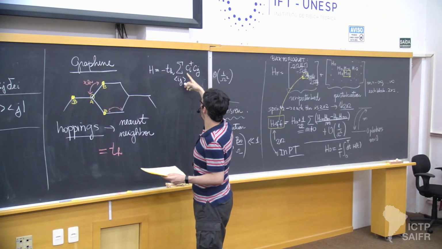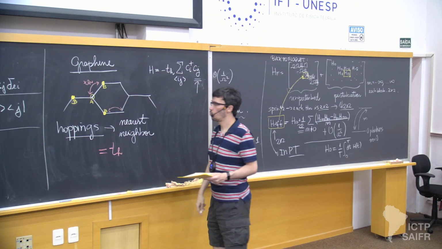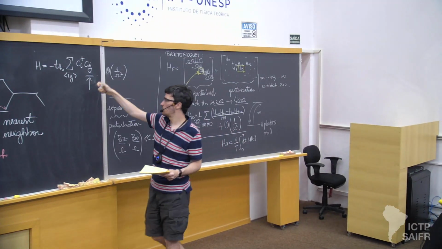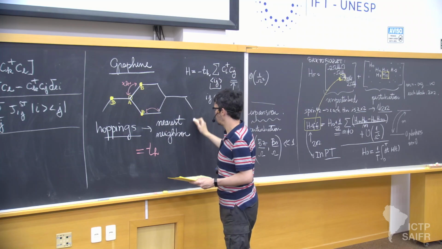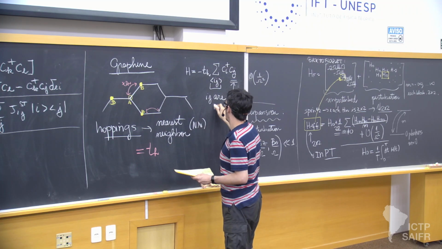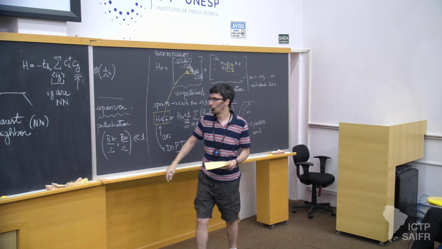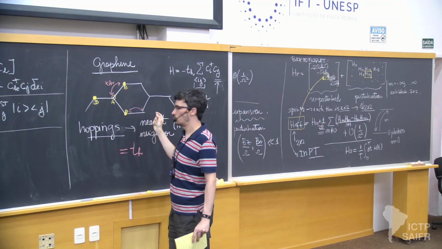So this operator destroys an electron in j and brings it to i. It's Hermitian, and this sum means that i and j are nearest neighbors. You sum over all the possible nearest neighbors. So if I fix this site A, I will sum over here, and here, and here, and so on.